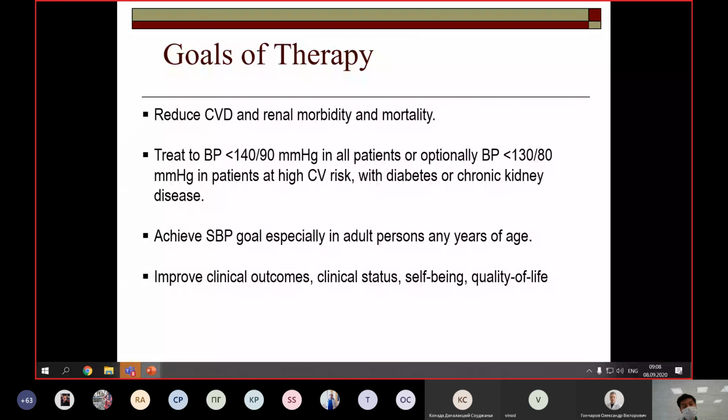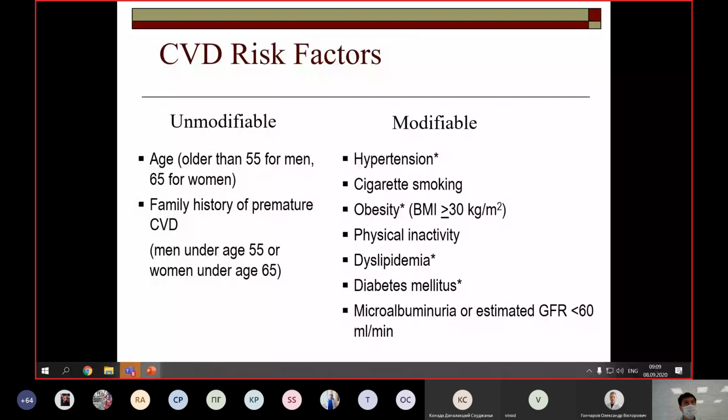So improve clinical outcomes, clinical status, well-being, and quality of life. The secondary goals for therapy should be defined optionally. So to sum up, improving survival, clinical outcome, clinical status, well-being, and quality of life are the big four. These principles should be used in the treatment of the patient having hypertension.